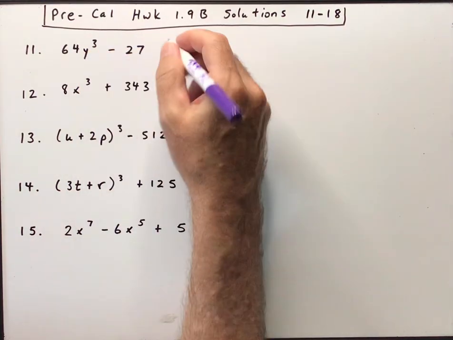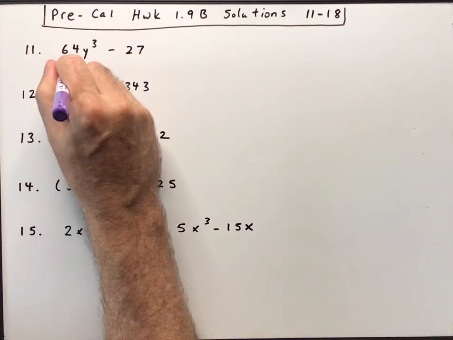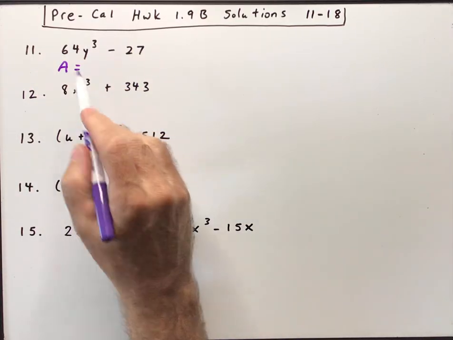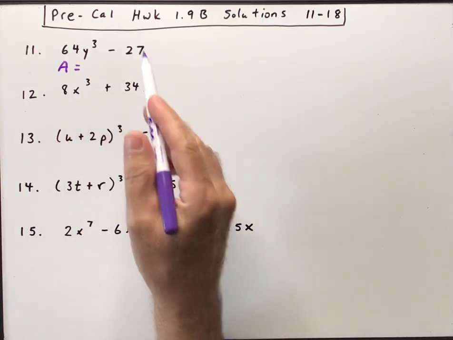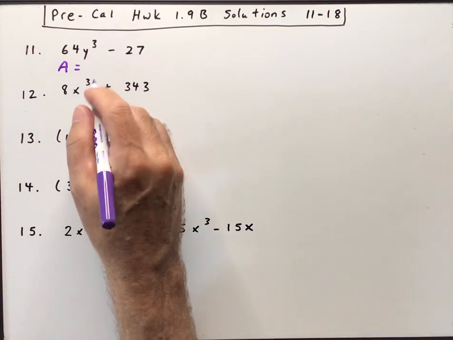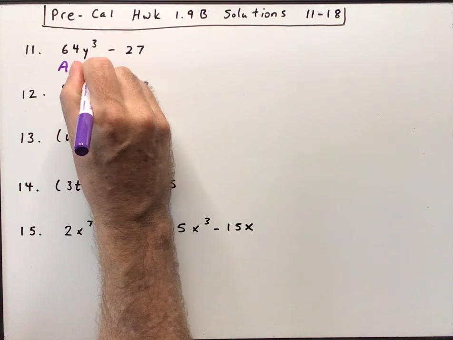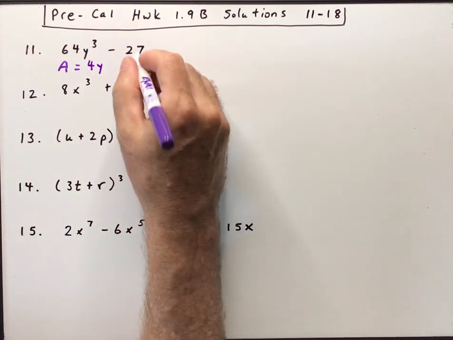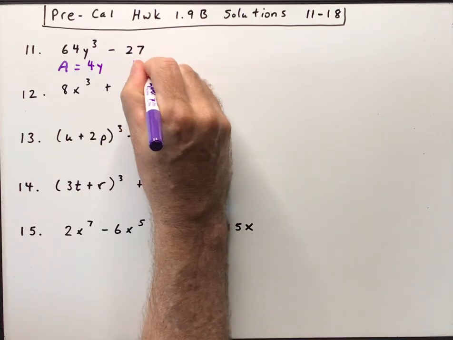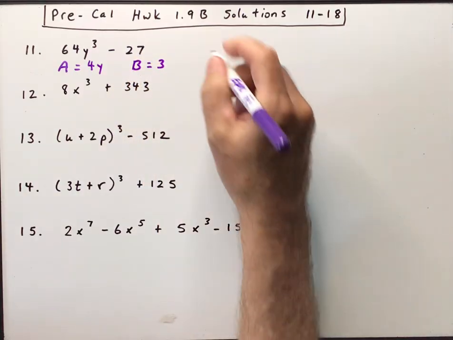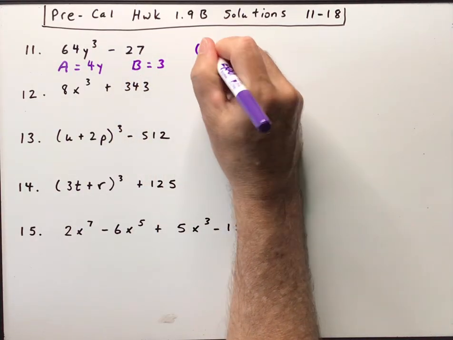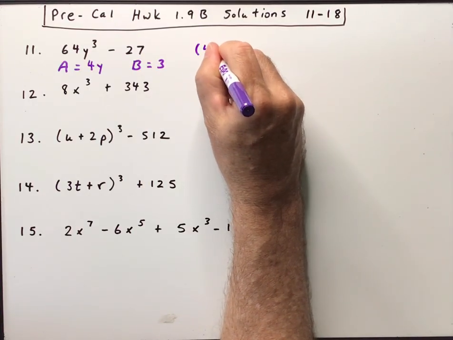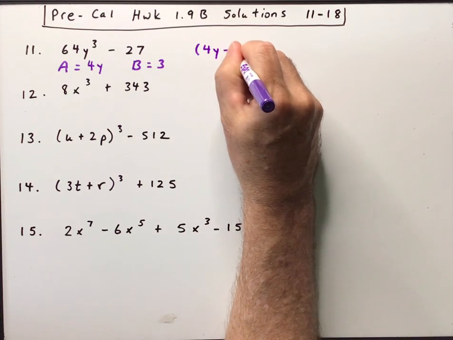So for number 11, A, all right, what is the cube root of 64? Well, if you don't know that, you can use your calculator, but it is 4. 4 cubed is 64. And then the cube root of y cubed would be y. And then for 27, b is going to be 3. So our factoring formula, we're going to have a minus b, so 4y minus 3.